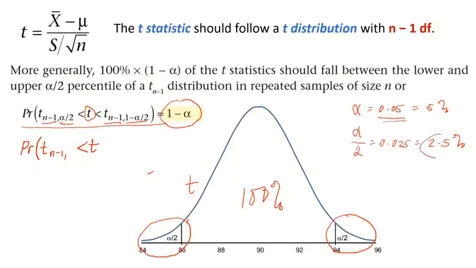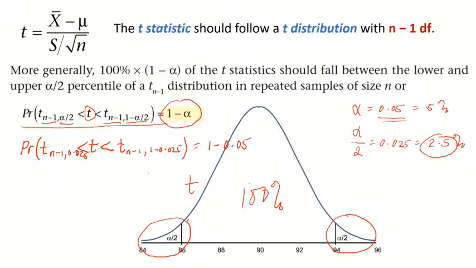Our alpha over 2 is 2.5 or 0.025, and lesser than a t-value of a t-distribution with n minus 1 degrees of freedom on the 1 minus 0.025 percentile will be equal to 1 minus 0.05.